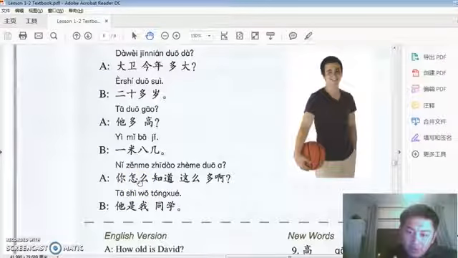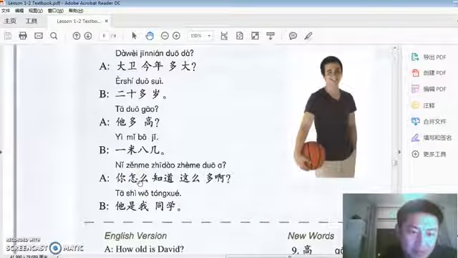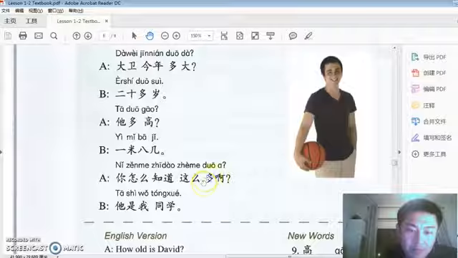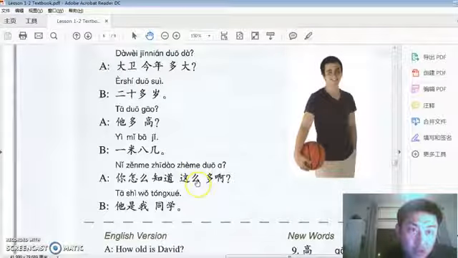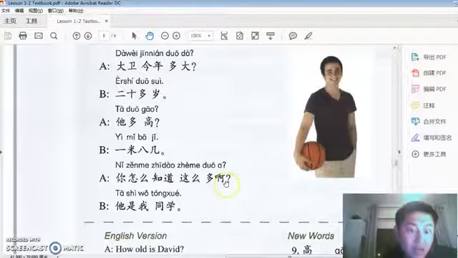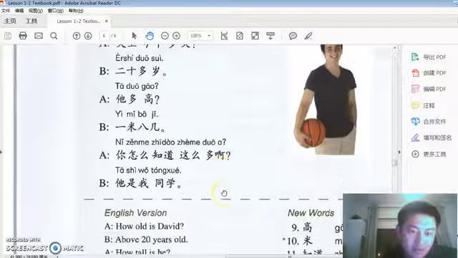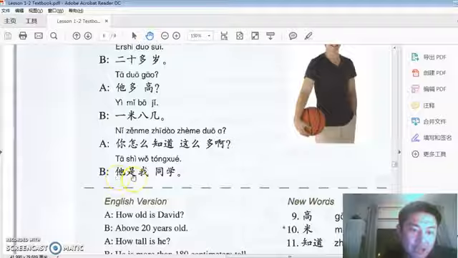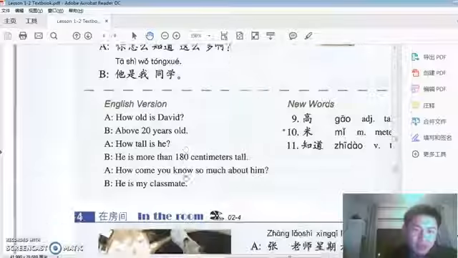There's a difference. Remember that. 怎么样 and 怎么 is used before a verb to mean how. How do you know 这么多 much many. 这 is this, 这么 is also this but a more abstract way of this. 这么多, okay, that's like exclamation mark. 他是我同学 or 他是我的同学. These are my classmates.